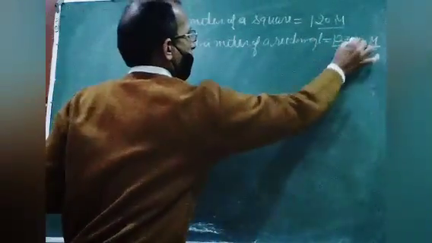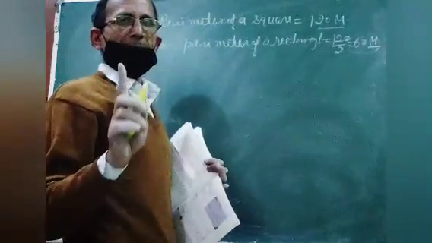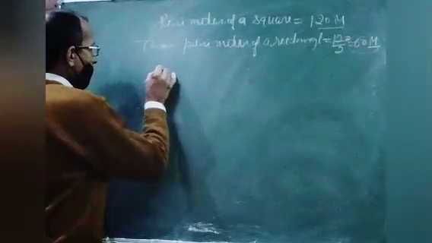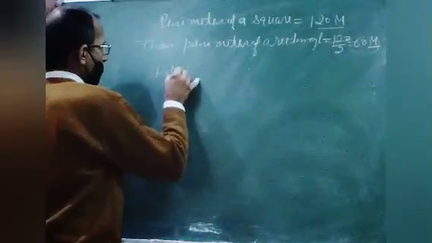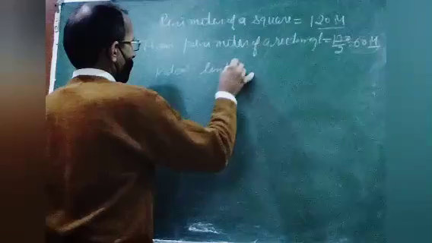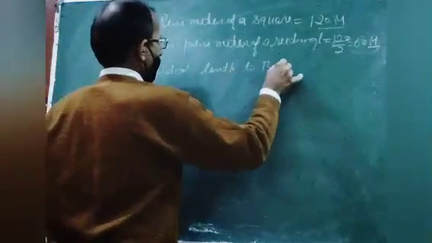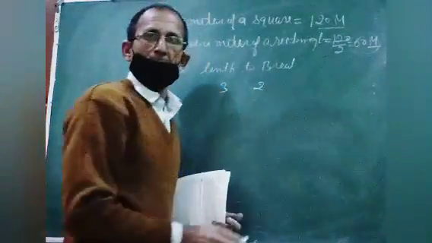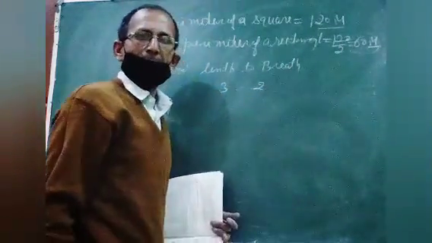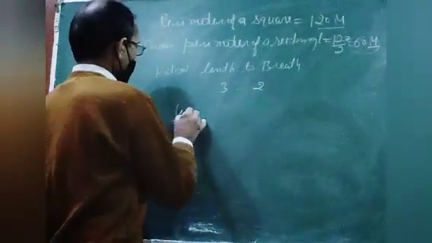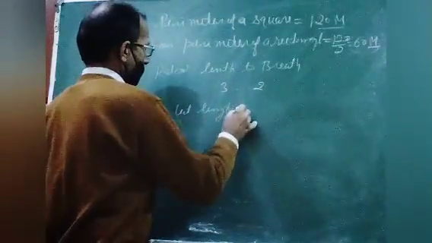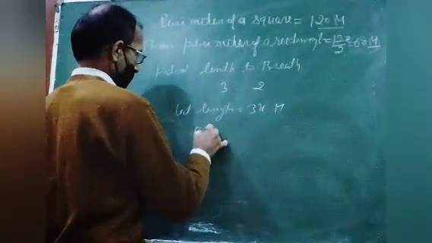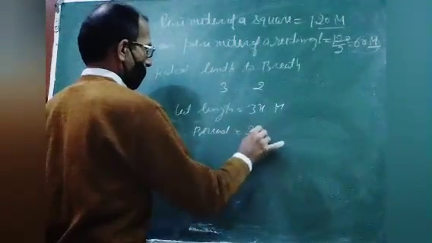Now we know the perimeter of a rectangle is 60 meter and the length and breadth are given in the ratio 3:2. So I will assume length is equal to 3x meter and breadth 2x meter.